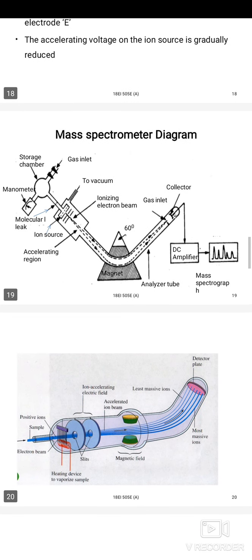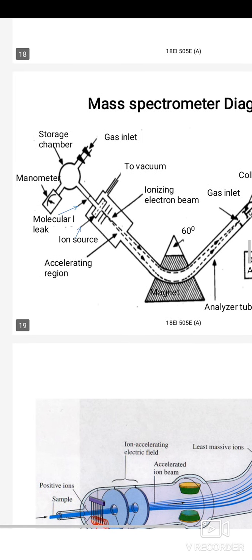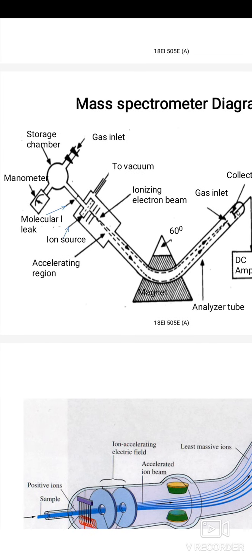Mass spectrophotometer diagram. First of all, we can see here the gas to be analyzed is taken through the gas inlet system. Here it has a storage chamber. The pressure of the gas can be monitored and controlled using a manometer.